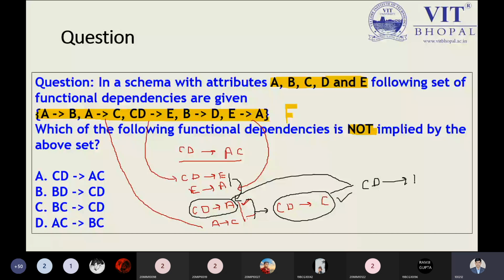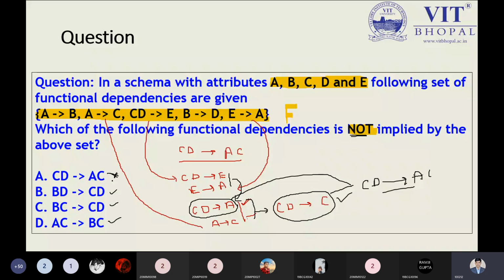Why? It is a dependency that holds in our relation, but we want the one which is not implied. So you can check this one, this one, and this one, and tell me which is the correct answer. Start and tell me right now.